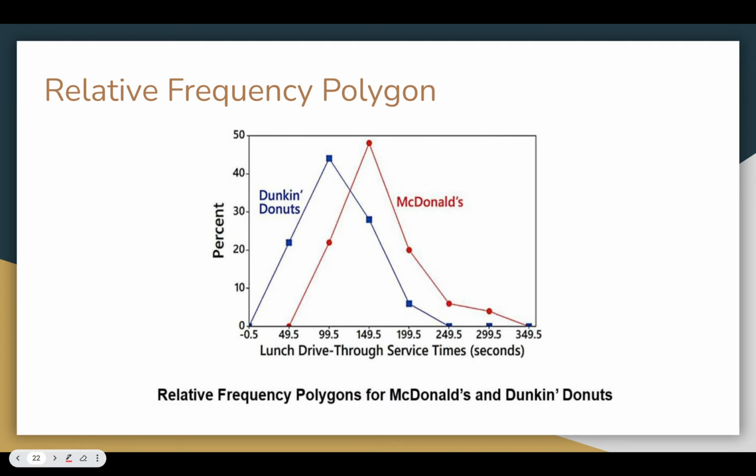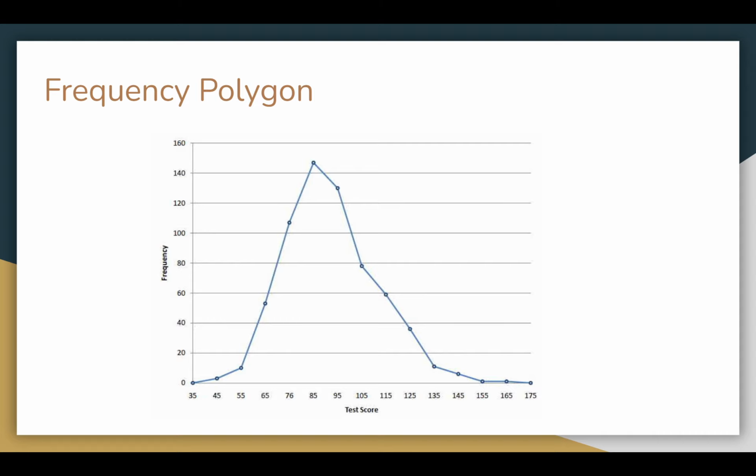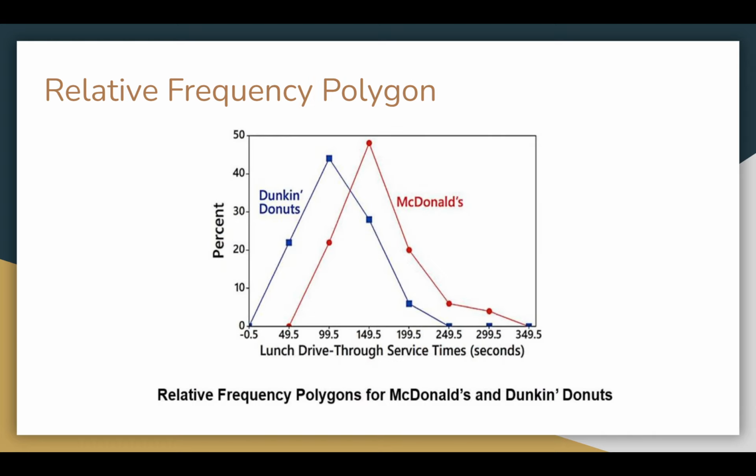All right, so relative frequency, you see the difference here. Over here we had frequency, and over here you would have the relative frequency, so it's percentage. And notice they put two frequency polygons together. So think for a second about how that is helpful.